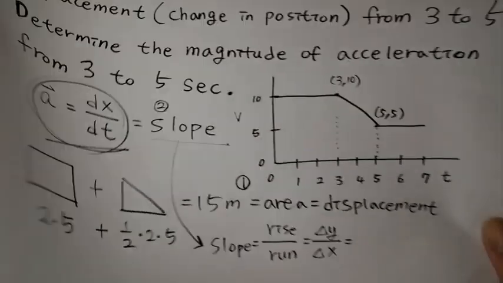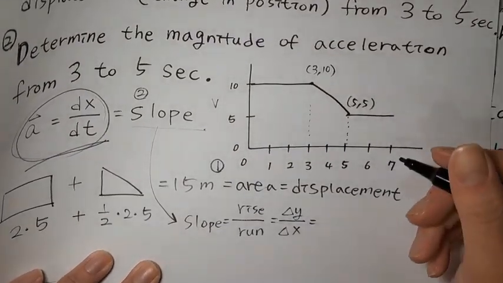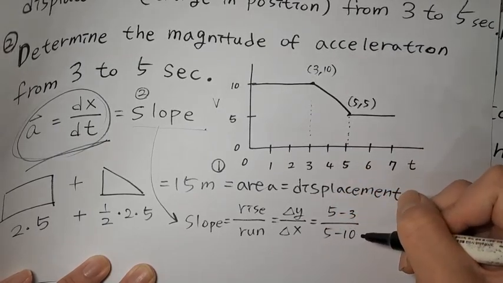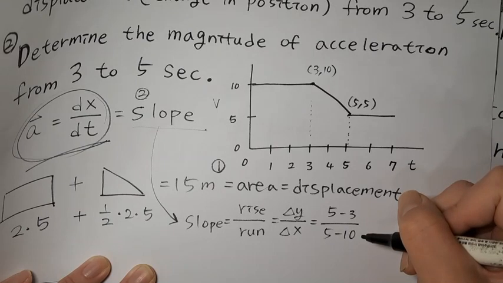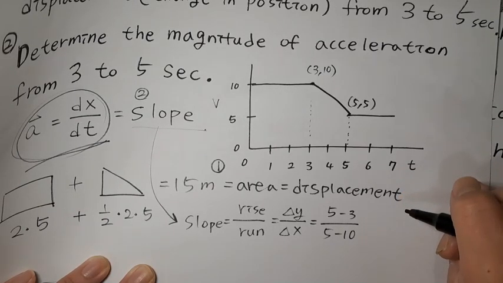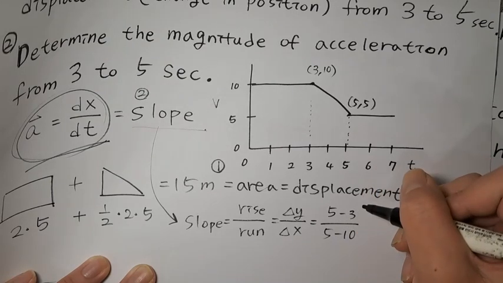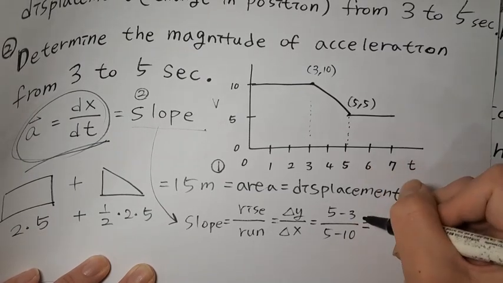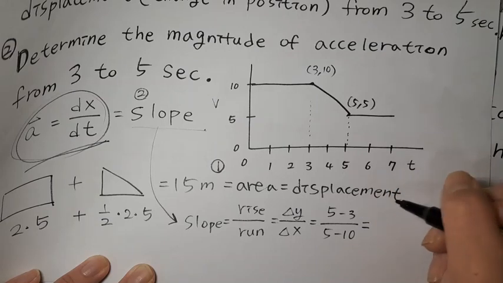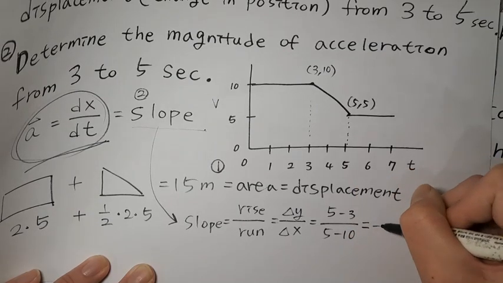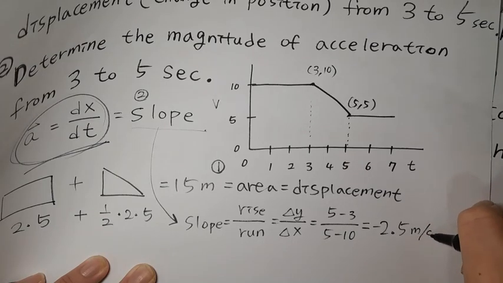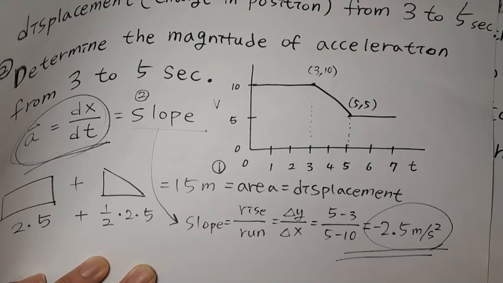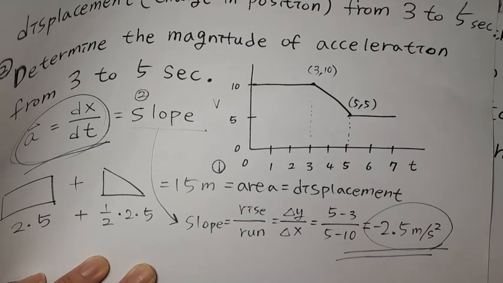So the answer of the second question is going to be minus 2.5 meters per second.